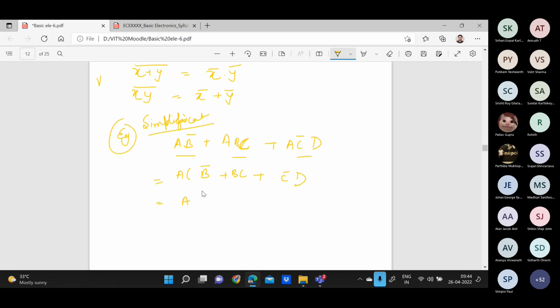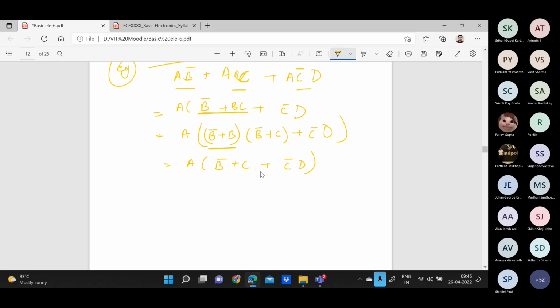You can apply the absorption method or the distributive property. So it will be (b bar plus b) and (b bar plus c bar d). As we know, b bar plus b is equal to 1, so it will be a times (b bar plus c bar d), that is a b bar plus c bar d.